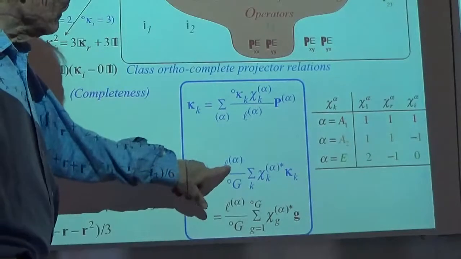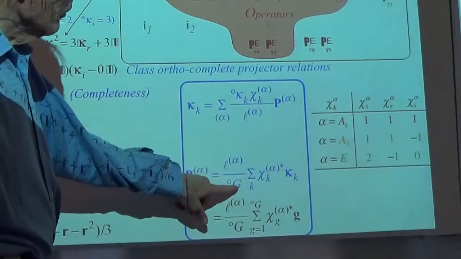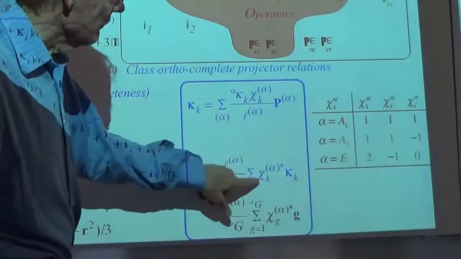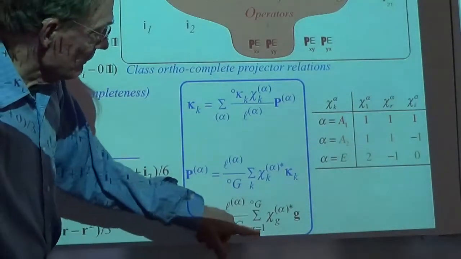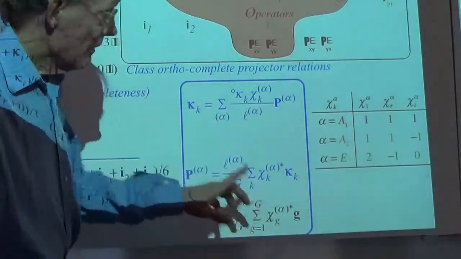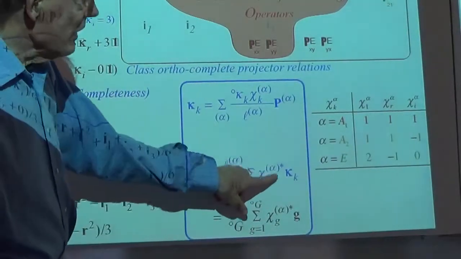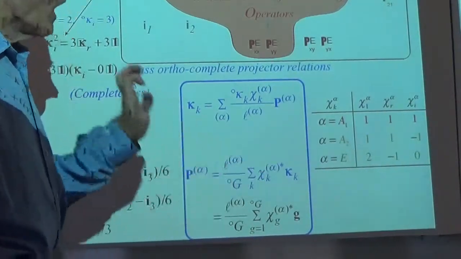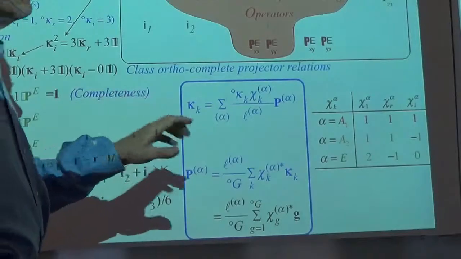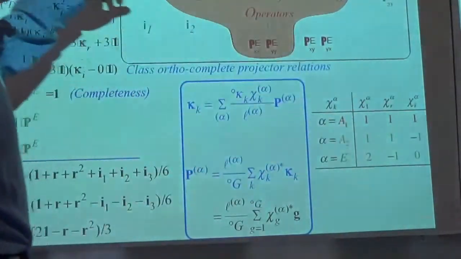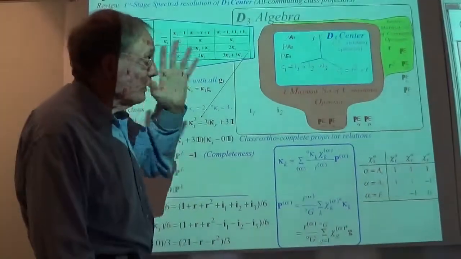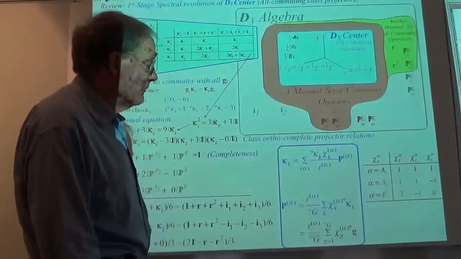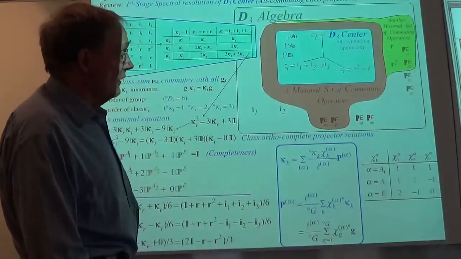In this case, the dimension goes outside with the order of group, and we just have a sum over all of the kappas there, which is the same as the sum over all of the group elements, because these characters are equal for each of the class elements. R and R squared are transformed into each other, and therefore the trace is invariant for any matrix that represents them.